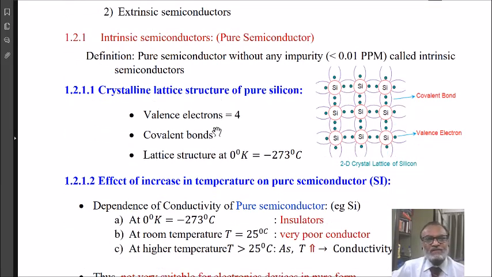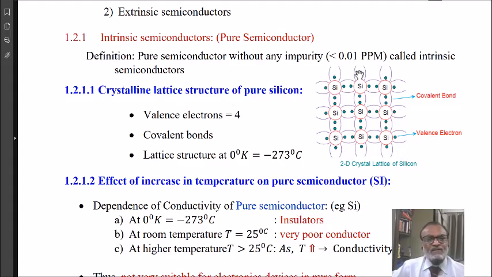Intrinsic semiconductor, also called pure semiconductor, by definition, is the semiconductor with the impurity level less than 0.01 ppm.